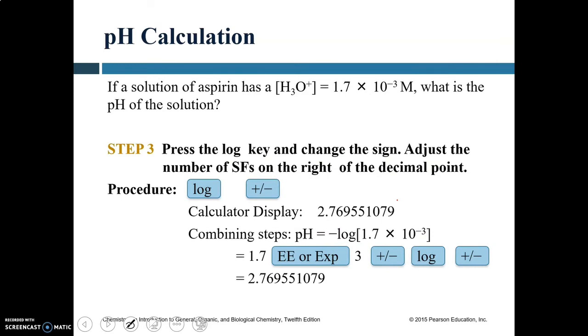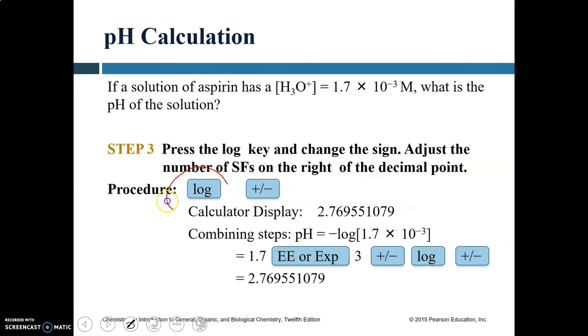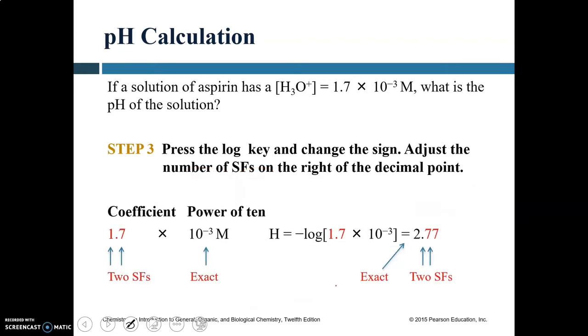So we enter the parameter, then we take the logarithm, and we change the sign of the number. So the negative logarithm of that concentration of hydronium ion is 2.769 and so on, all these numbers. How many significant figures?